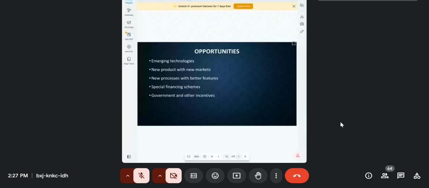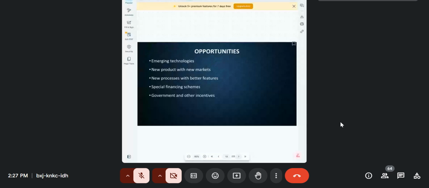Opportunities. So some of the opportunities you could look at are the emerging technologies. So that is how you can leverage technology to actually achieve your goals.